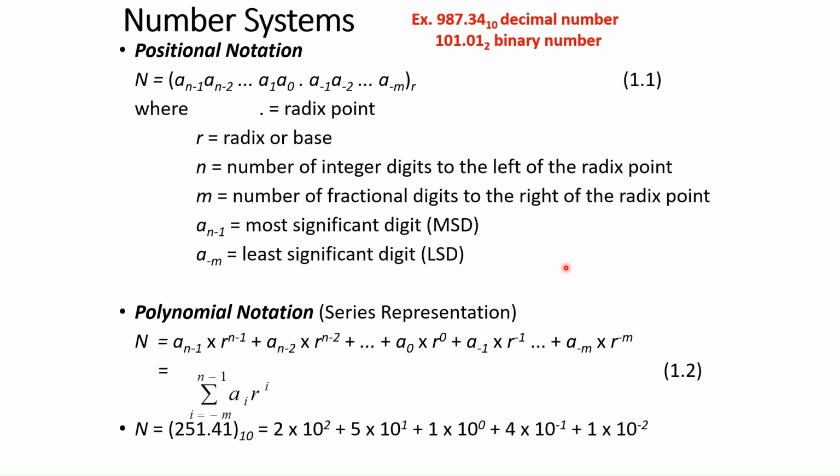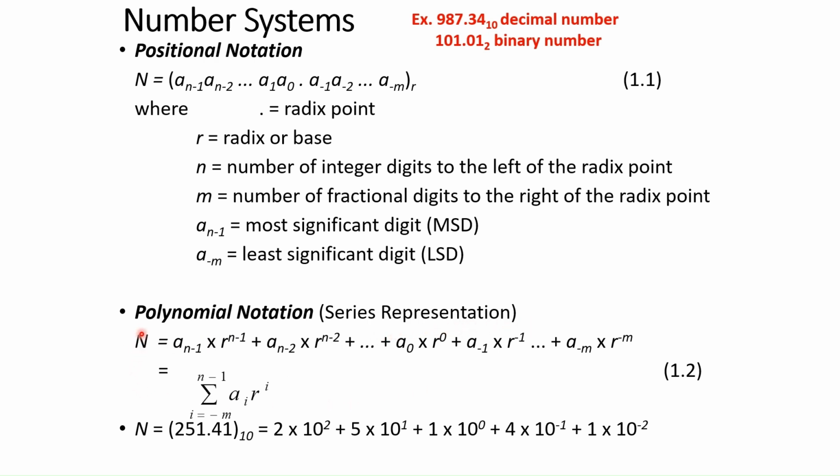After representing the number, we have to know what value it represents. For a decimal number, we know the value, but for a binary number, what value is it? That can be determined by a polynomial notation or series expansion.